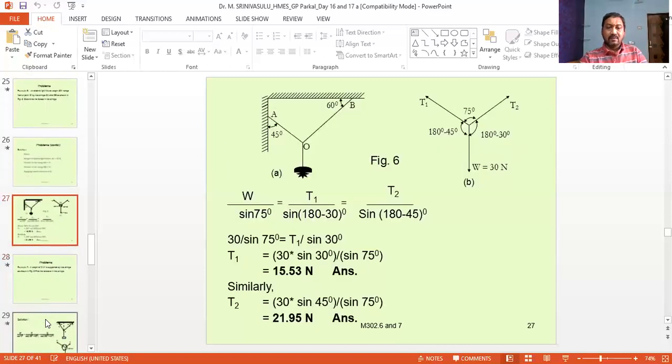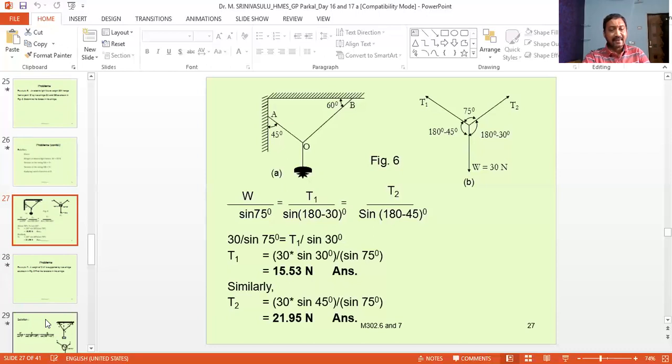So this is the problem on Lami's theorem. Like this, we have to solve in case of Lami's theorem. Firstly, we need to find out the angles by using the geometry of the given figure.